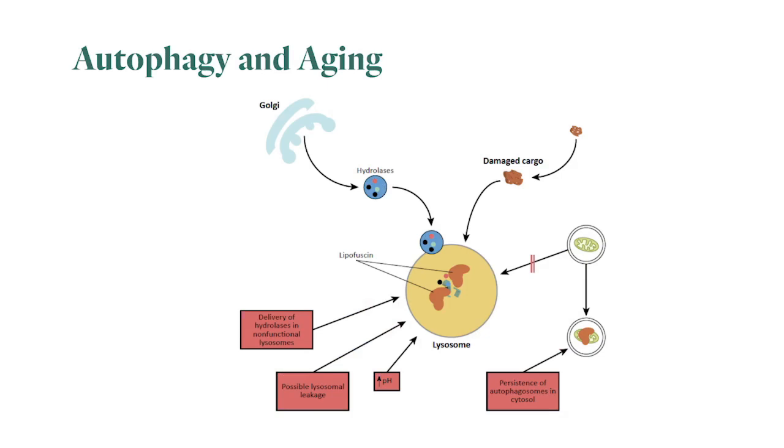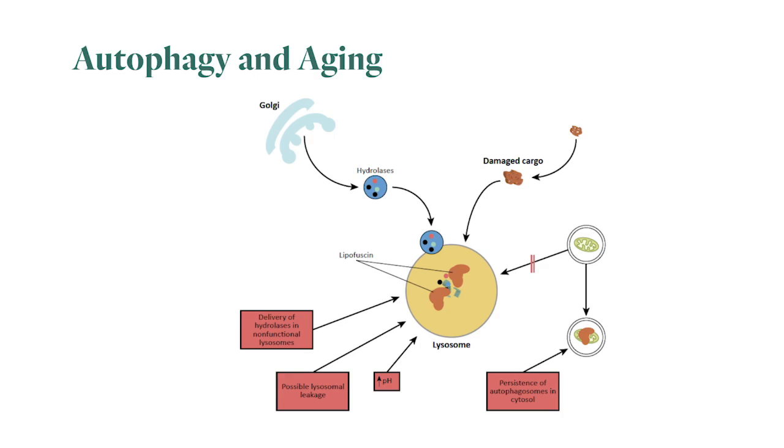As more and more damaged cargo gets delivered to the lysosome, efficiency of the digestive enzymes decreases. A variety of reasons account for this. Sometimes damaged proteins or lipids form insoluble aggregates, which are difficult to attack by these enzymes. As a consequence, these aggregates remain in the lysosome for far longer than normal, which leads to a rise in pH and a further decline in degradative capability.